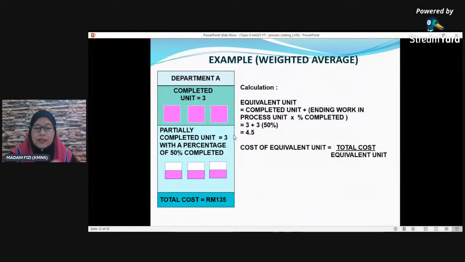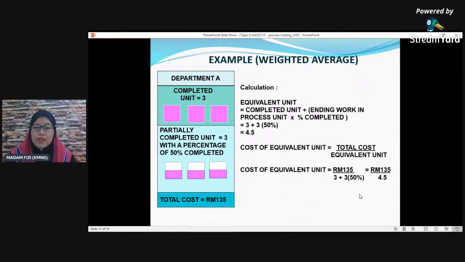And then to calculate the cost of equivalent unit, this is the second formula: total cost divided by equivalent unit. The total cost is RM135 and the equivalent unit is 4.5. So you divide RM135 divide with 4.5 equivalent unit.